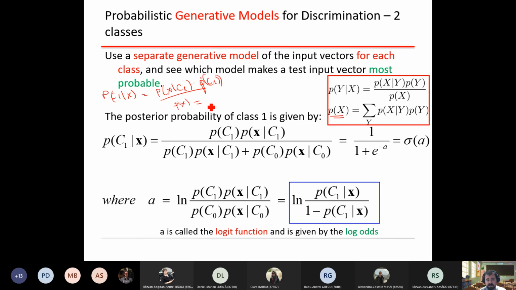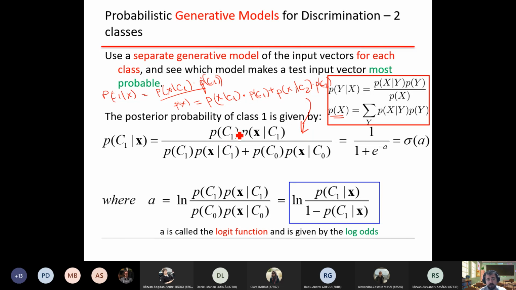So we have only two classes, so it will be P of X given C1 multiplied by P of C1 plus P of X given C2 multiplied by P of C2. And this is how we got to this formula.